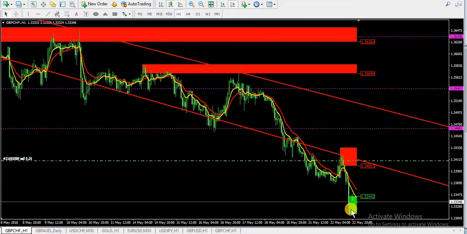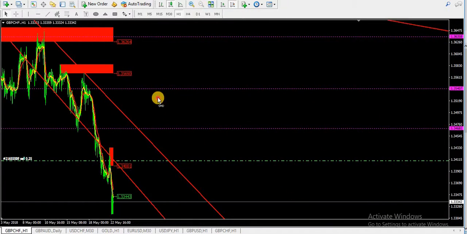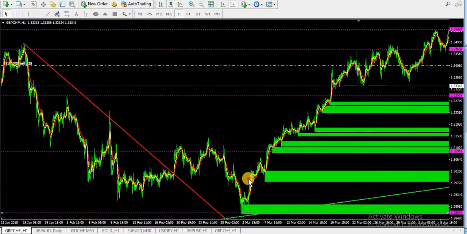Okay guys, I believe you understand how the exponential cross strategy works, huh? And by the way, if the trend is going up, it's a bullish momentum, you're going to be looking for buying opportunities, huh? I believe I already mentioned how the trend is your friend. So imagine, look at this.